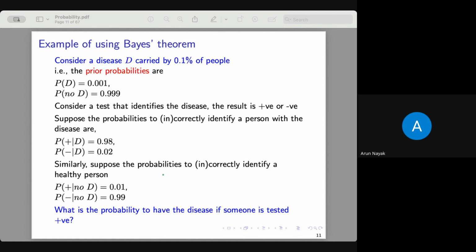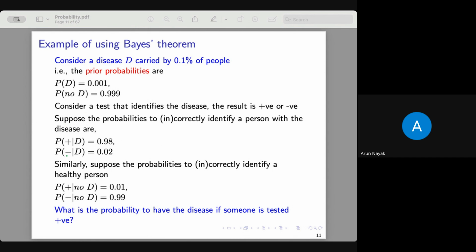Okay, now when we have some disease or some symptoms, we perform a test to know whether we have that disease or not. Suppose there is a test that identifies the disease and the result is positive or negative, so it's like 1 and 0.